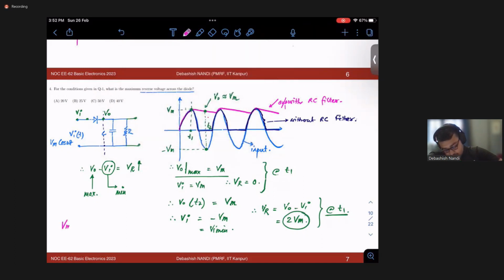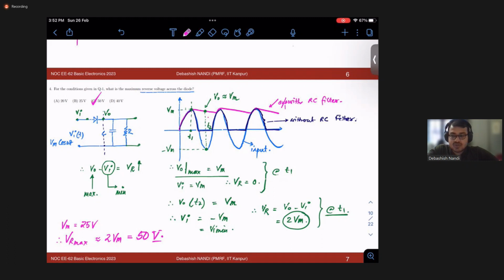My Vm was 25 volt, right? So your Vr max should be nothing but equal to 2Vm, and that is 50 volt, and C is the right option, right? So this way you can analyze any diode circuits.